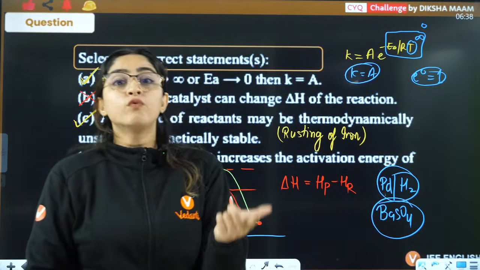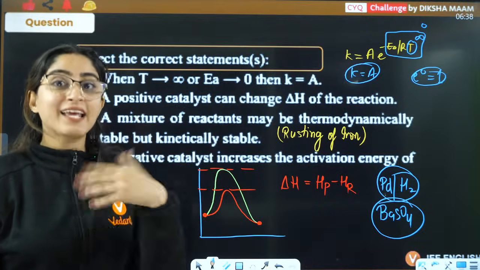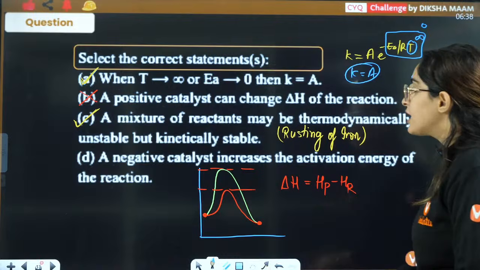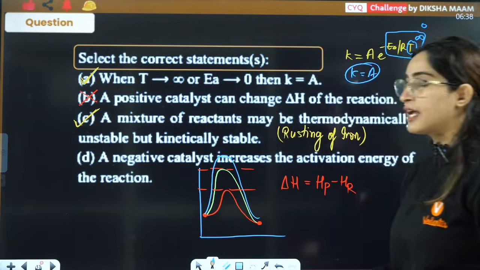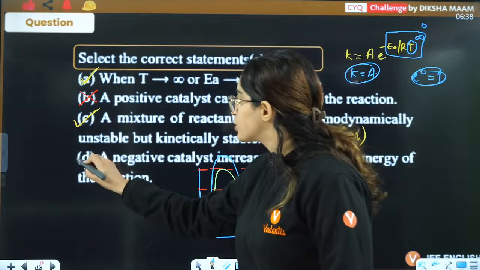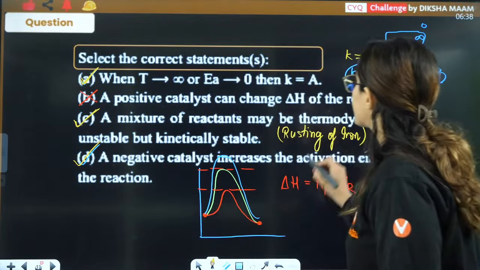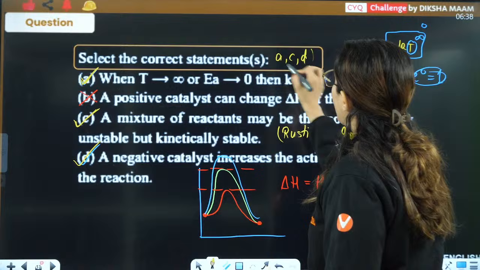Why? Because we don't want it to get converted to alkane. That is acting as a negative catalyst, making the process slow, right? So a negative catalyst increases the activation energy and makes the reaction difficult. That is also absolutely correct. So we can say statements A, C, and D are the correct statements.